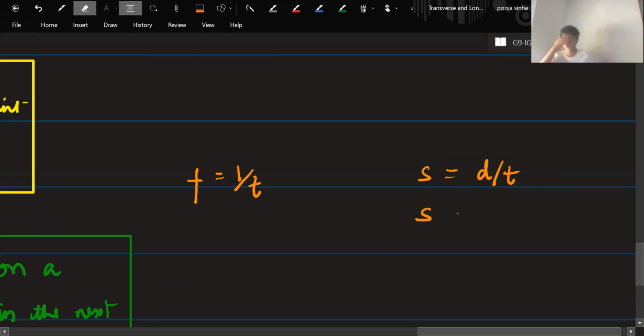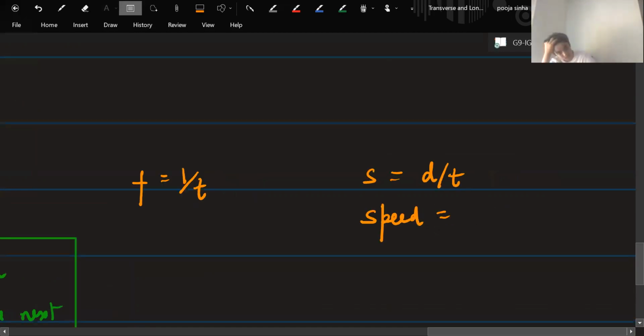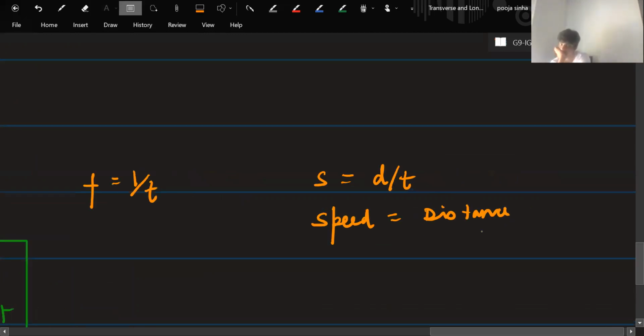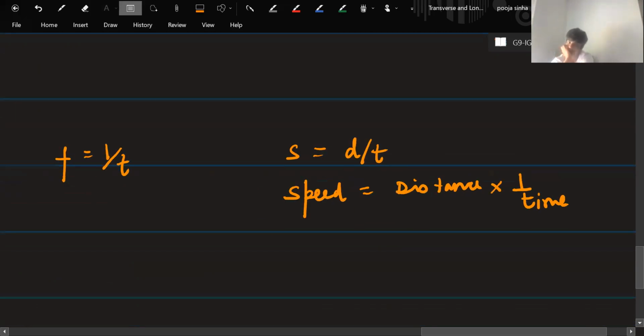This is speed, distance, upon time को मैं into 1 upon time कर सकती हूँ, right? Speed को हम wave में कैसे represent करते हैं? Speed is distance into frequency.